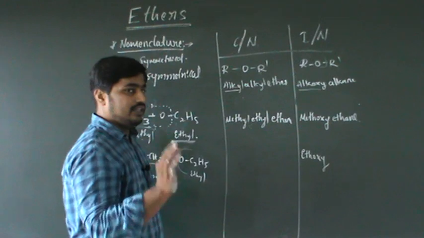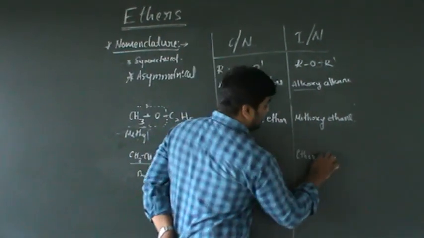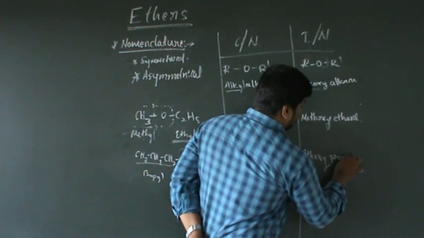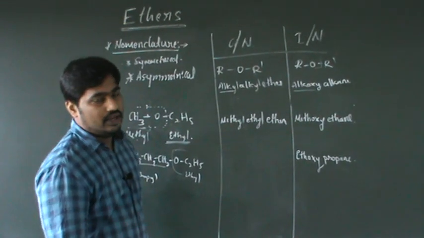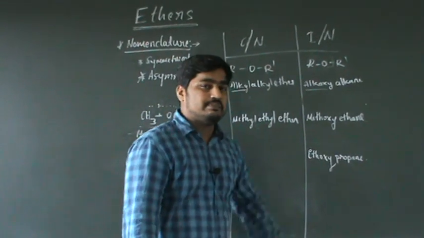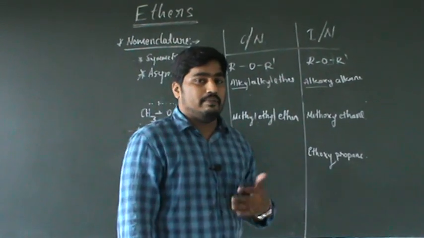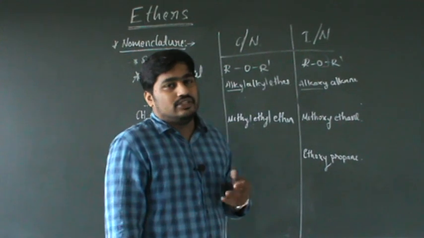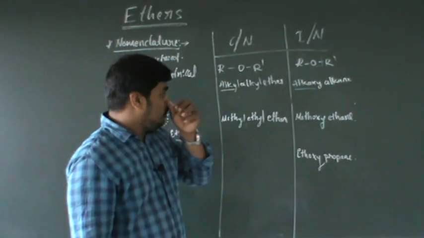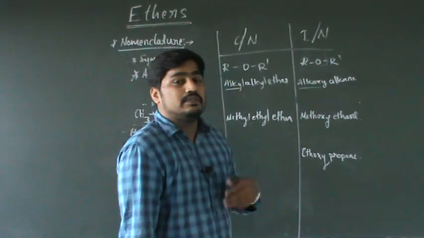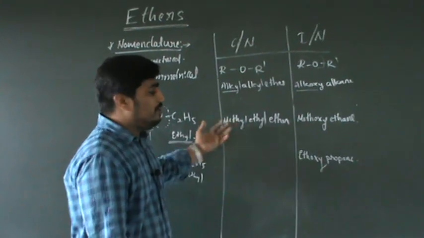Three carbons, singly bonded, therefore it is propane. Ethoxypropane is the IUPAC name. Please practice more and more examples. There is no other way to remember the naming of ethers. Please practice by considering different examples, not the same example.